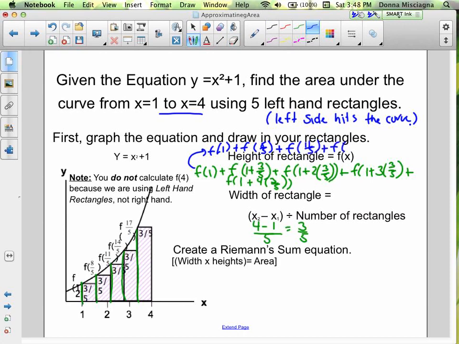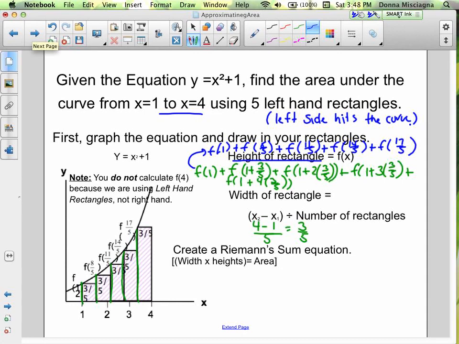Plus f of 14/5. 11 plus 3 is 14. Plus f of 17/5. Right? So that's the height of our rectangles. It's all the values of the function at those locations, and the width is 3/5.